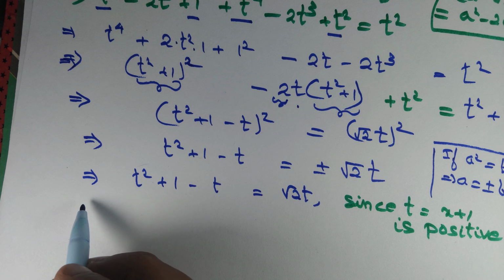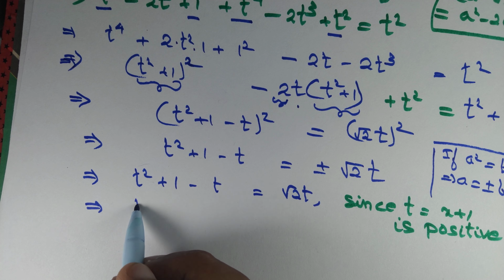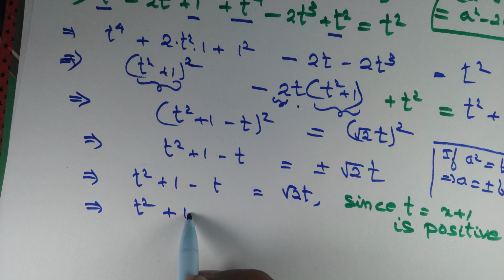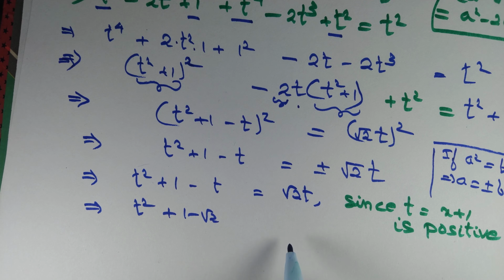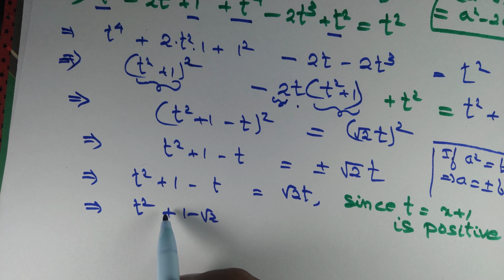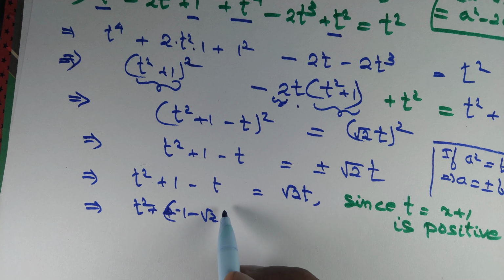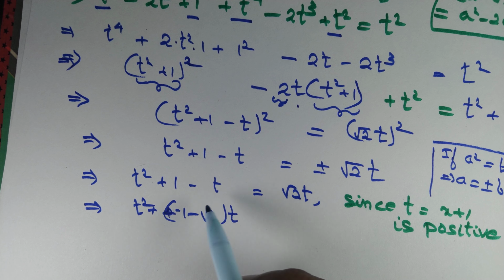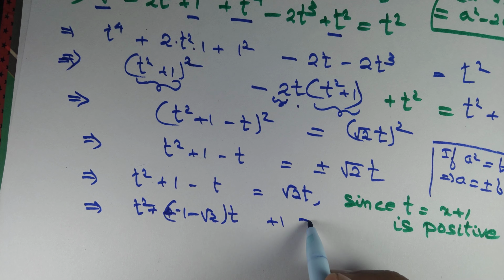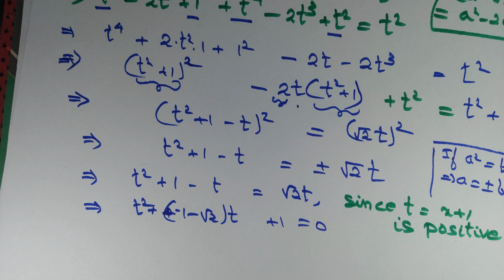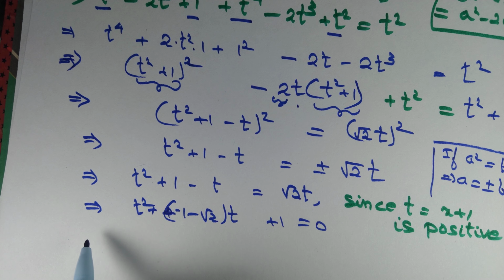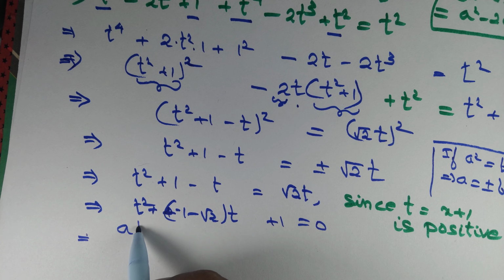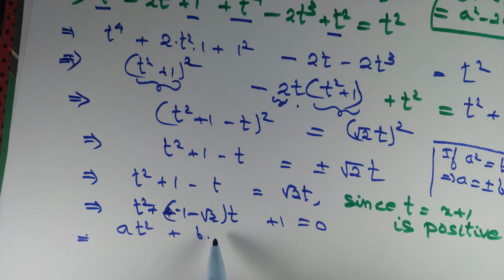Okay, now can we solve this kind of equation? Of course, yes. t square minus 1 plus root 2 times t plus 1 equal to 0. That's a quadratic equation. The standard type is given by a into t square plus b into t plus c equal to 0.